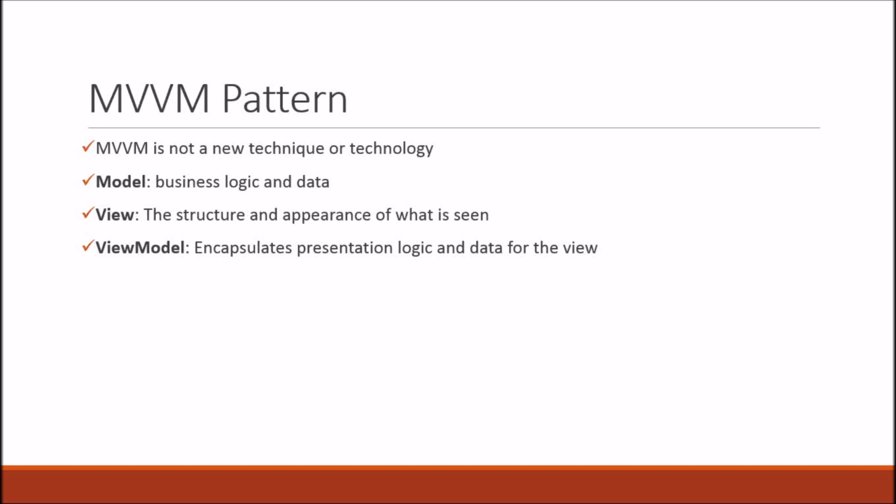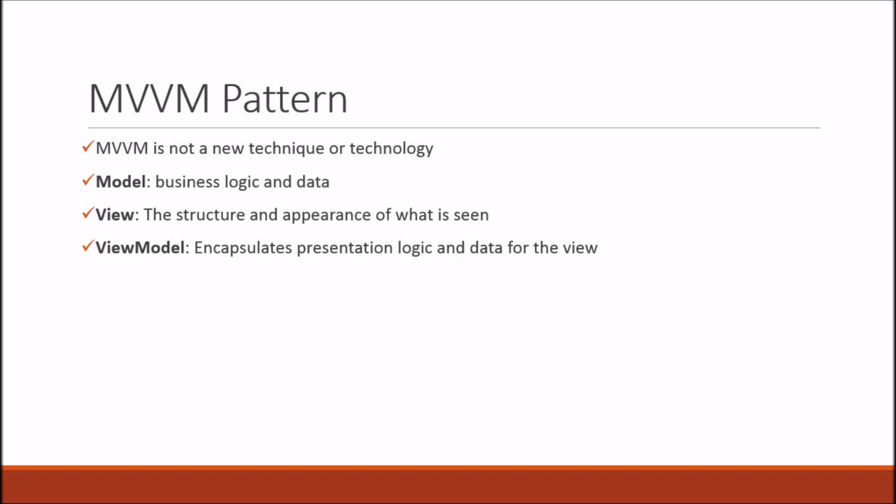The view model portion in the MVVM pattern encapsulates the presentation logic and data for the view. It has no direct reference to the view or any knowledge about the view's specific implementation or type. The view model implements properties and commands to which the view can data bind and notifies the view of any state changes through change notification events.